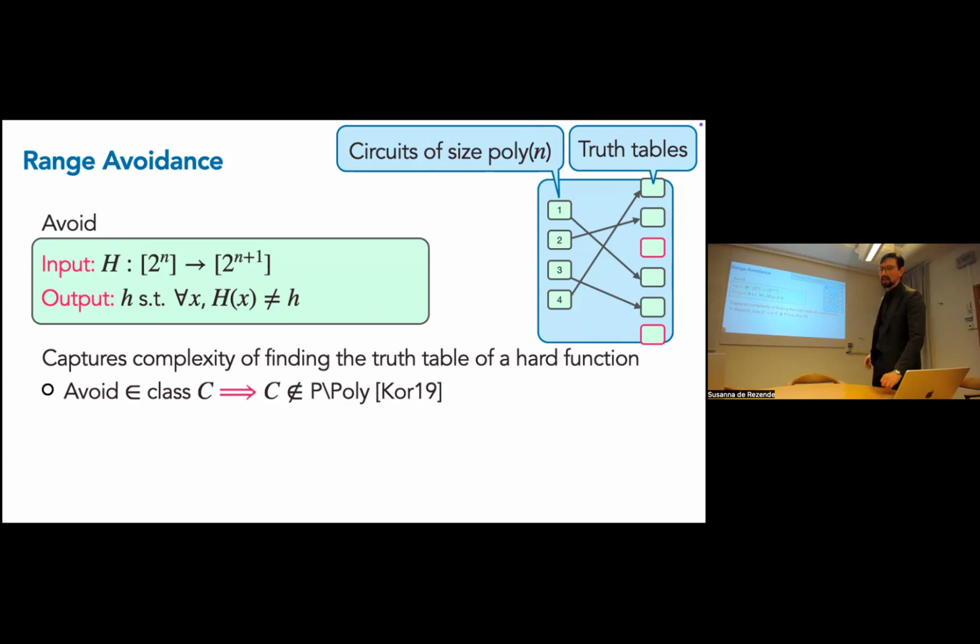And then if this range avoidance problem is in a class C, that implies that C is not in P/poly. It doesn't have polynomial size circuits. This is because if you could solve range avoidance, then you could construct the truth table of a hard function efficiently.